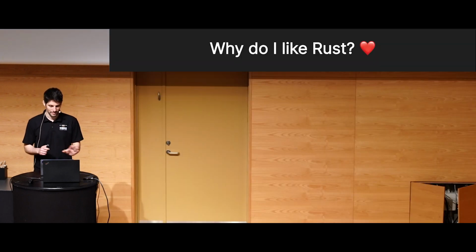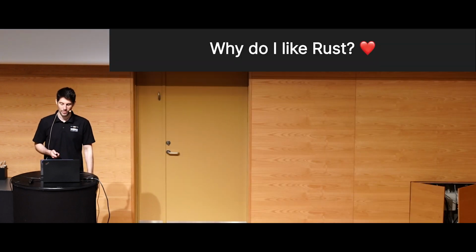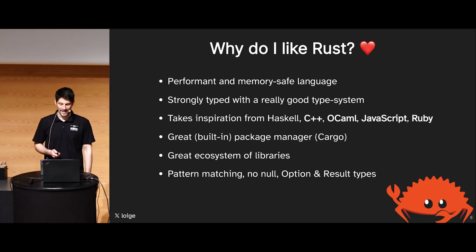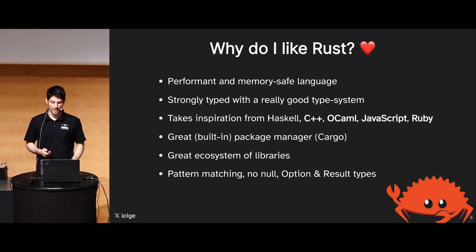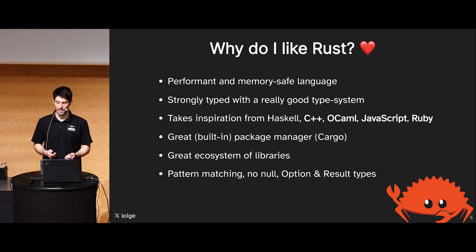Okay, let's get into the meaty bits. Why do I like Rust? It's a very opinionated question, so I'm going to try to give you my part of this answer. The first thing is that it's a very performant and memory safe language, but this is not really the most exciting thing. What I really like is the strongly typed system that the language has, which is not necessarily something new.